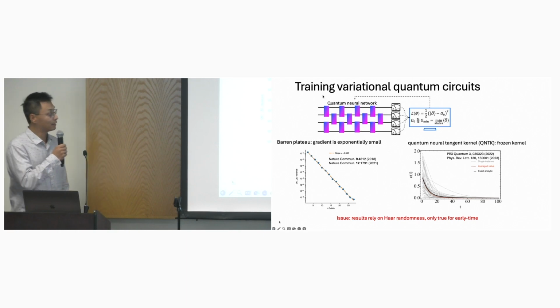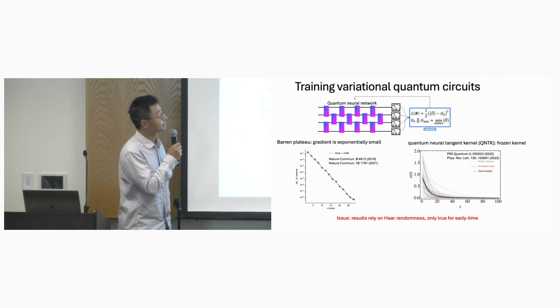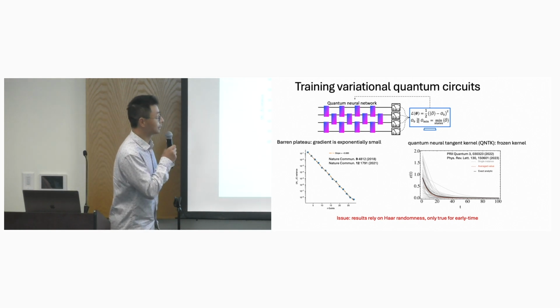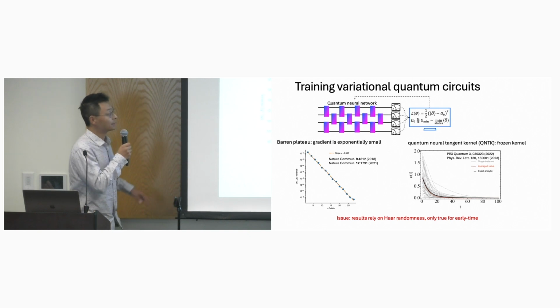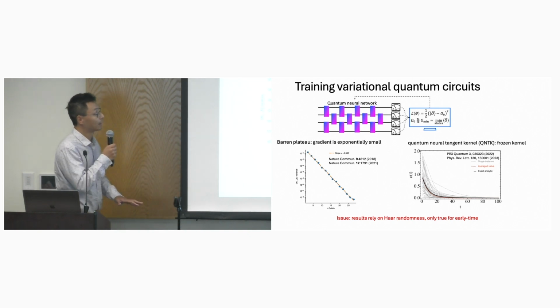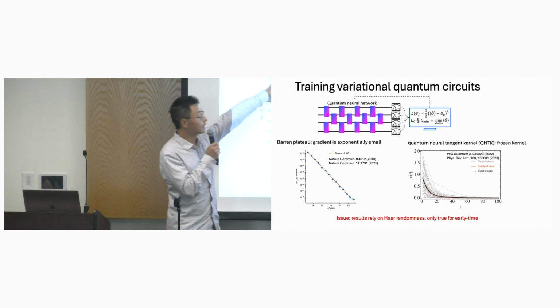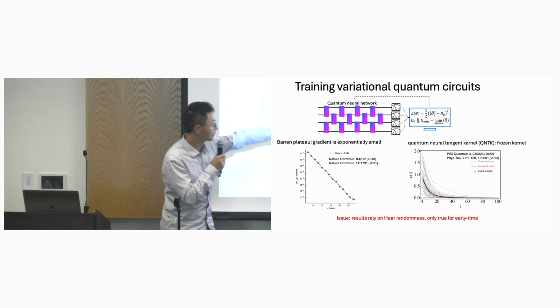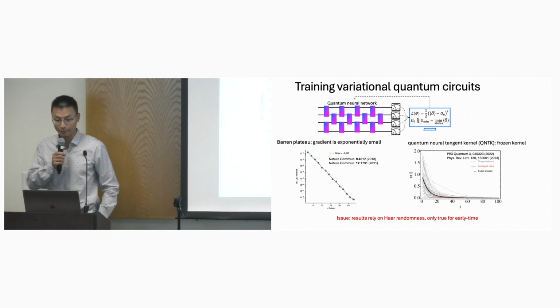And people already have a lot of results on these quantum neural networks because they are very useful. For example, people know that if you randomly initialize the circuit, the gradient is not going to do well. It's going to be exponentially small in the system size, as these curves are showing, as the number of qubits increase. So that's not a good sign.